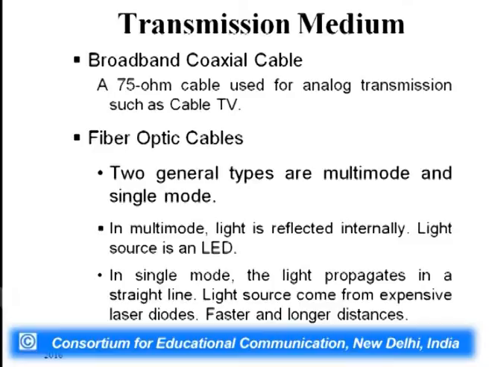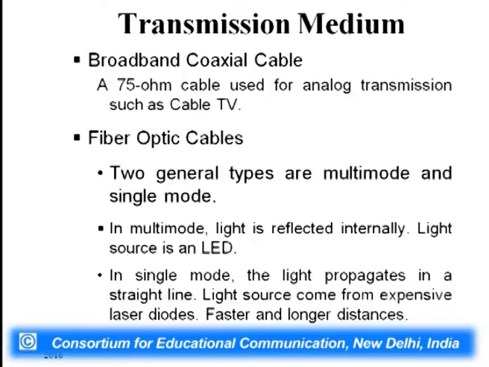Without going into details, in a multi-mode fiber, the signal does not travel in a straight line, it travels in a curved path. It hits the walls and comes back in a zigzag path, and to give the same signal strength, the thickness of the cable is graded.